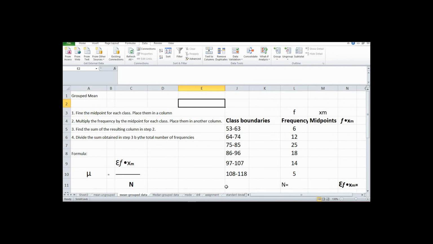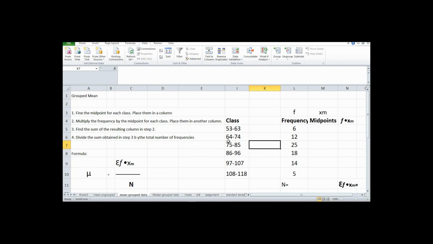So I have here an example for class boundaries or class. We have 53 to 63, first class.